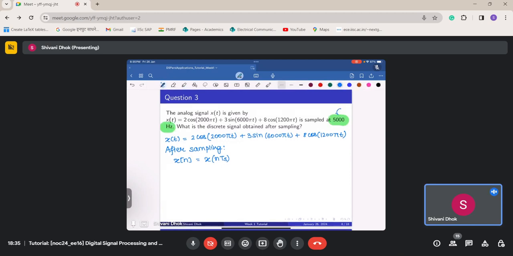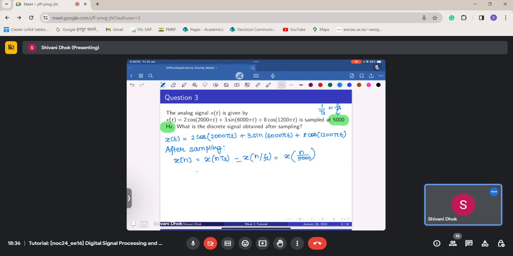So this 5000 is basically my fs, which is equal to 1 by Ts. So we can write this equivalently as x(n by fs). Therefore I can replace t in this equation with n by fs, or rather n upon 5000.